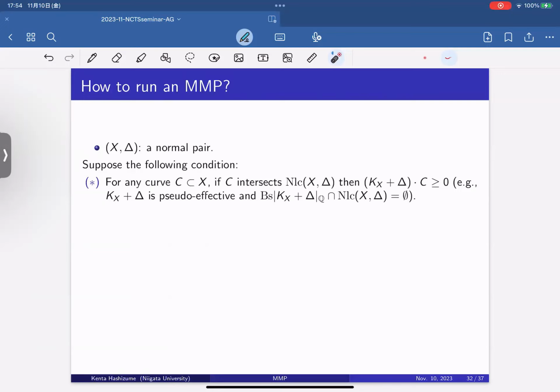Let (X, Δ) be a normal pair, and suppose that for any curve C, if C intersects the non-LC locus, then the intersection number is non-negative.